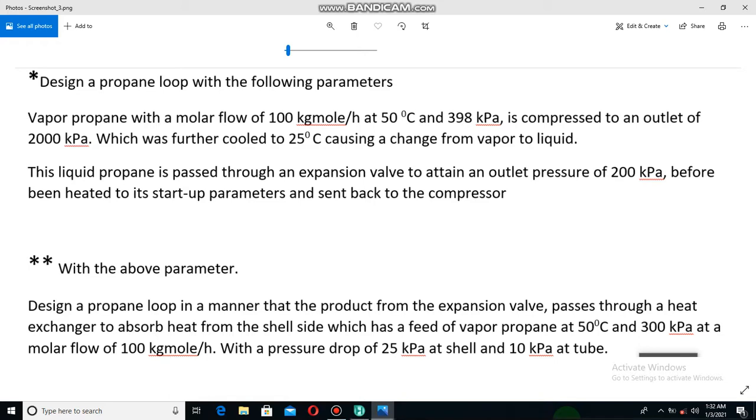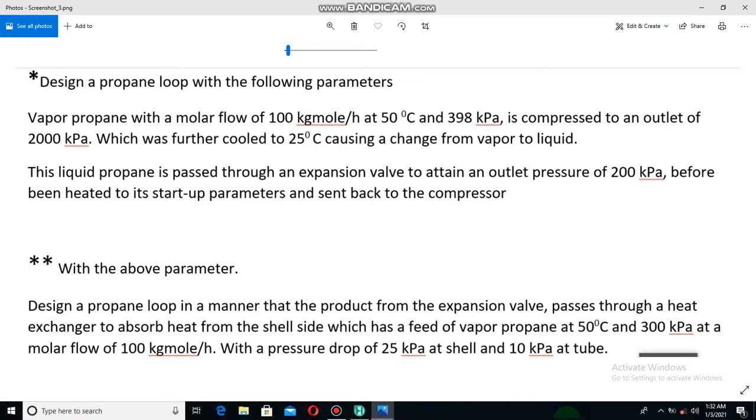This liquid propane is passed through an expansion valve to attain an outward pressure of 200 kPa before being heated to its startup parameters and sent back to the compressor.